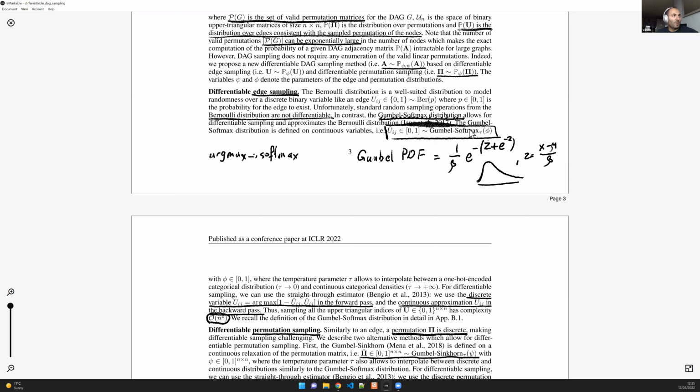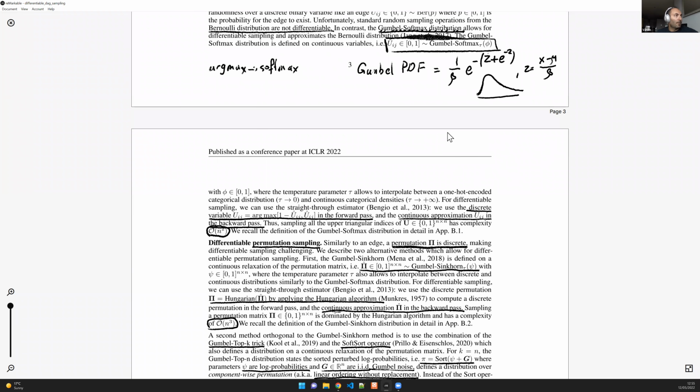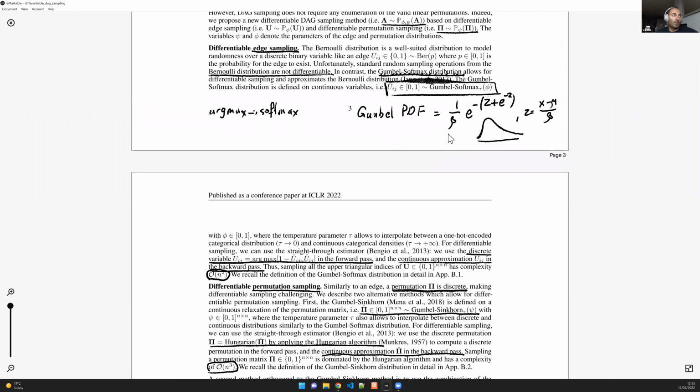And the softmax here is to replace the argmax, because when we sample from a distribution, like which node do we take, right? If you take the argmax, that makes the problem non-differentiable. So instead, we use this softmax form.